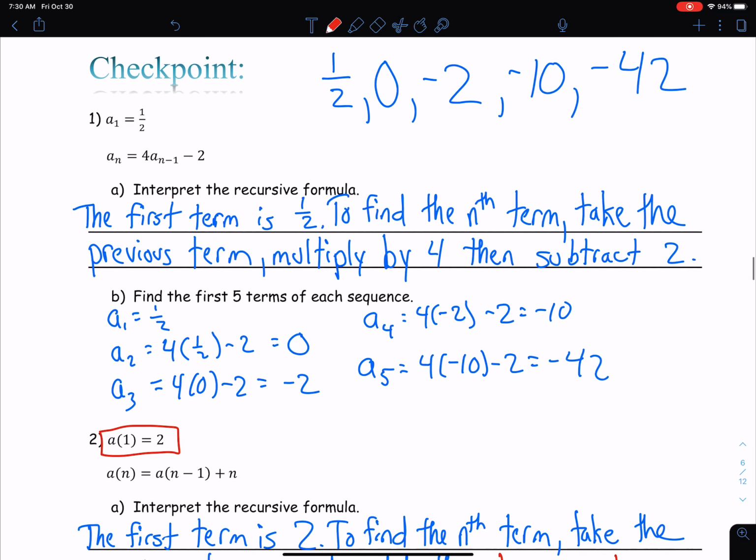So to find the nth term, you're taking the previous term, nothing new there. But in this case, what are we adding? We're adding n, which is the term number.